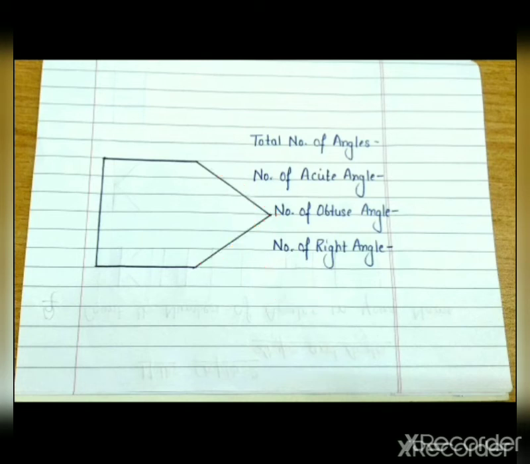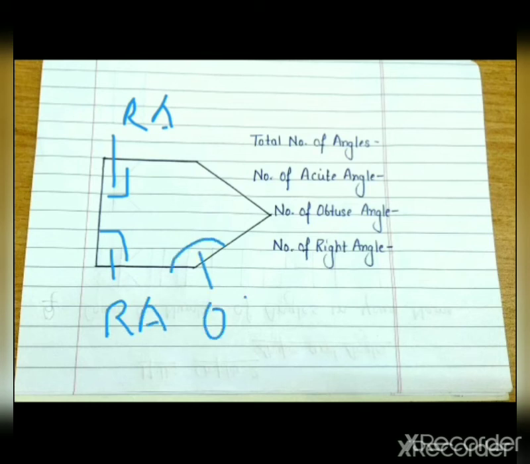Okay. So finally in this figure we have seen that this is a right angle, this is a right angle, this is an obtuse angle, this is also an obtuse angle, and this is an acute angle.